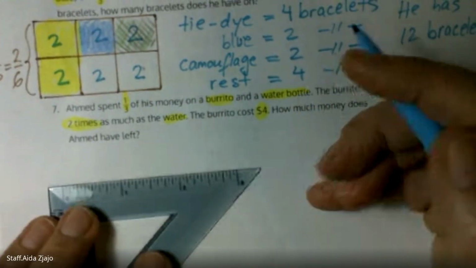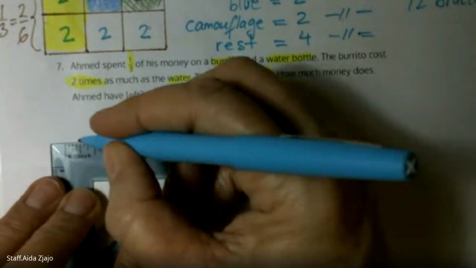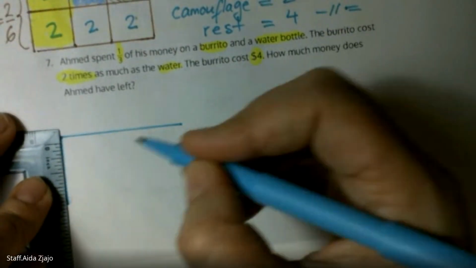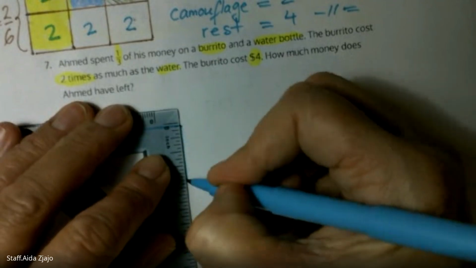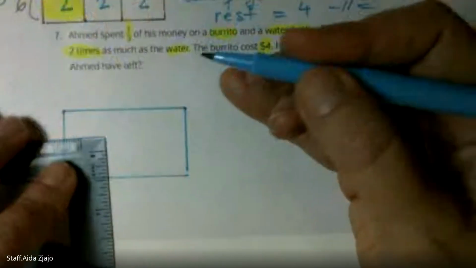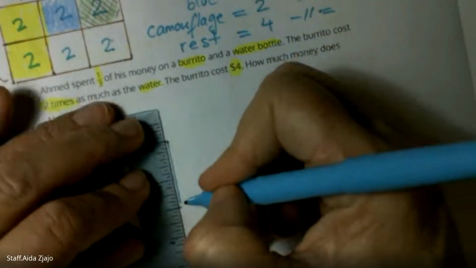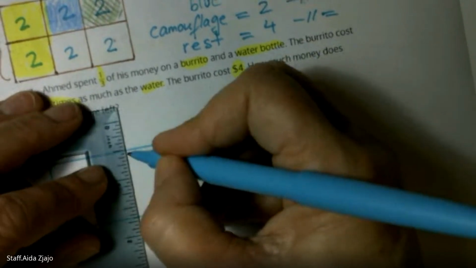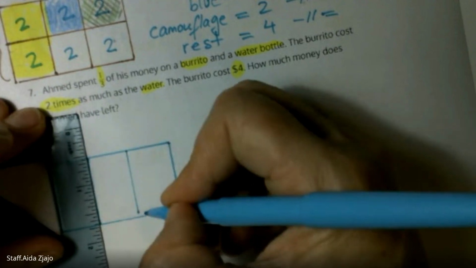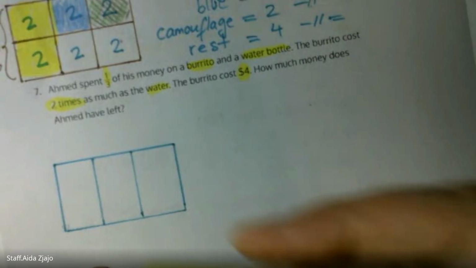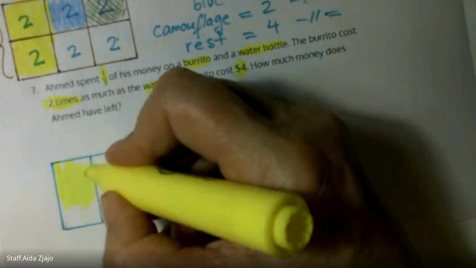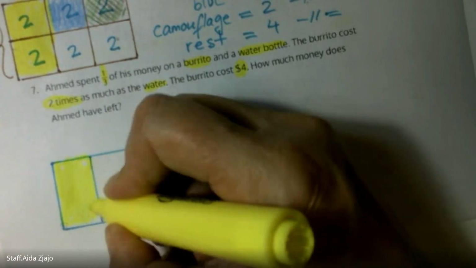Okay, let's try. If this is the whole money he has, he spent 1/3 on burrito and water, correct?